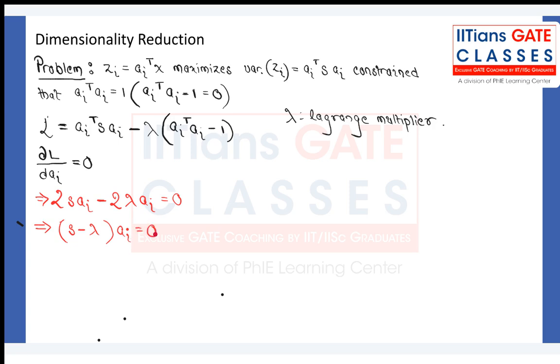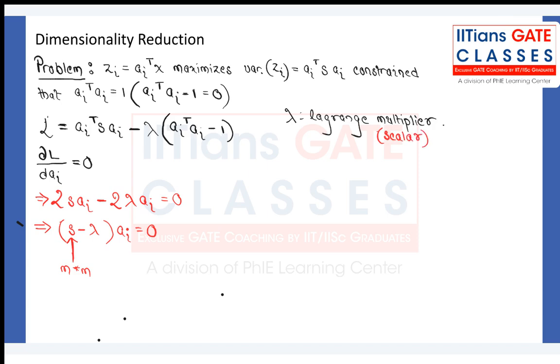Now there is a problem with this equation. What is the dimensionality of S? S is an M by M matrix. Lambda is a scalar.